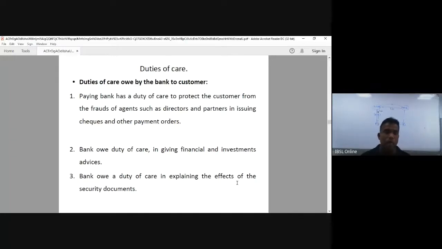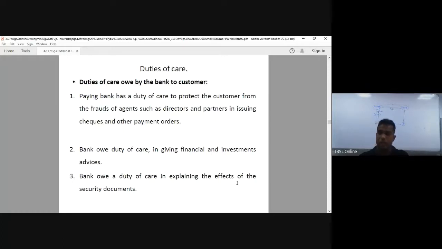Number two, the bank owes a duty of care in giving financial and investment advice. Now remember, under the banker-customer relationship, sometimes banks give instructions, or rather financial advice, to their customers.